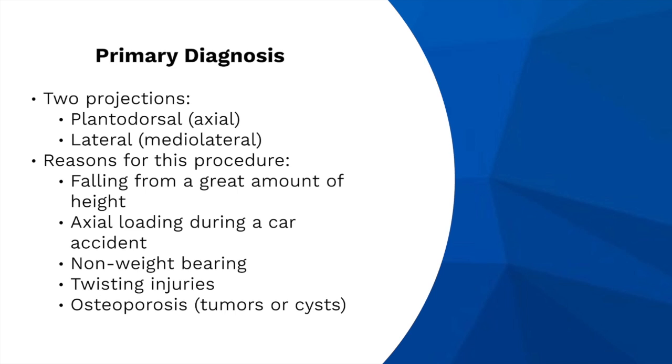The reason why this procedure will be performed will be because the patient has fallen from a great amount of height, received axial loading on the calcaneus during a car accident, not being able to apply weight on the heel, twisting their ankle, and osteoporosis, such as tumors or cysts. For example, a 17-year-old boy who plays soccer twists his ankle and cracks his heel bone by tackling another player and landing on his foot wrong.